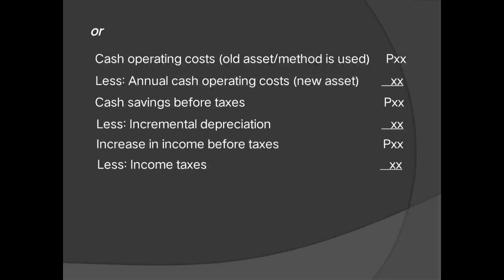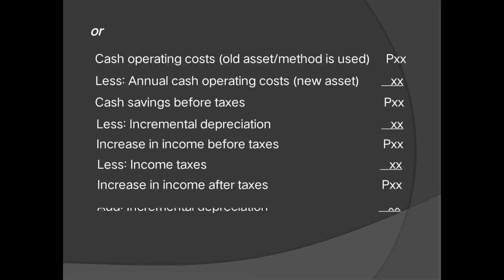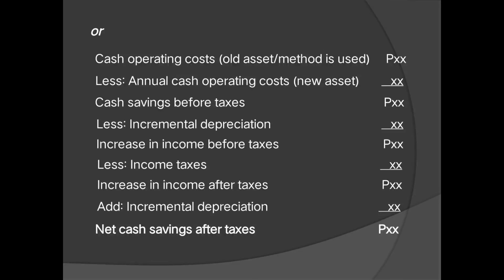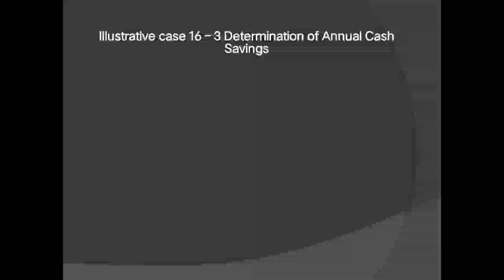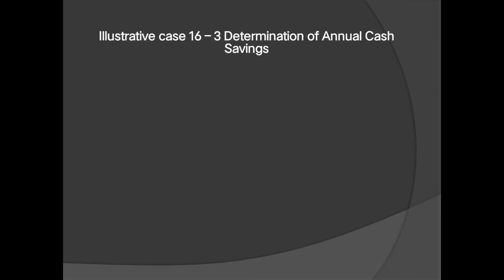Then, ililess natin yung income taxes to get the increase in income after taxes. Then, i-add ulit natin yung incremental depreciation to get the net cash savings after taxes. So, ayun, nilas ulit yung incremental depreciation para makuha yung income taxes, then i-add ulit yung depreciation sa huli. So, ito yung example sa pag-solve ng annual cash savings.